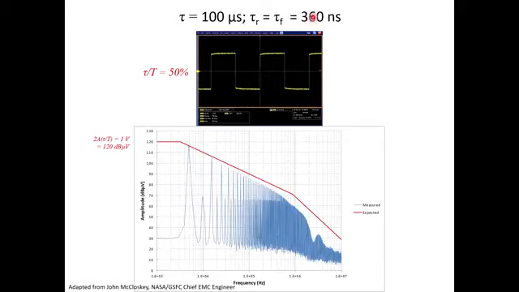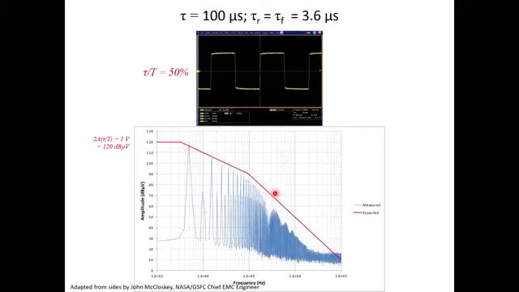So that's like 0.36%. When you get to a high enough frequency, boy, some of the high frequency content starts to go away. What if I were to slow it down more? What if I were to make this, instead of 0.36% rise time, 3.6% rise time? Wow, I'm really killing off the high frequencies.